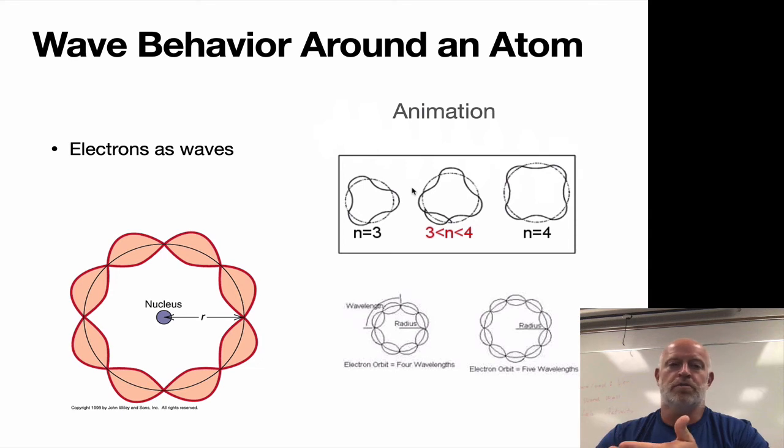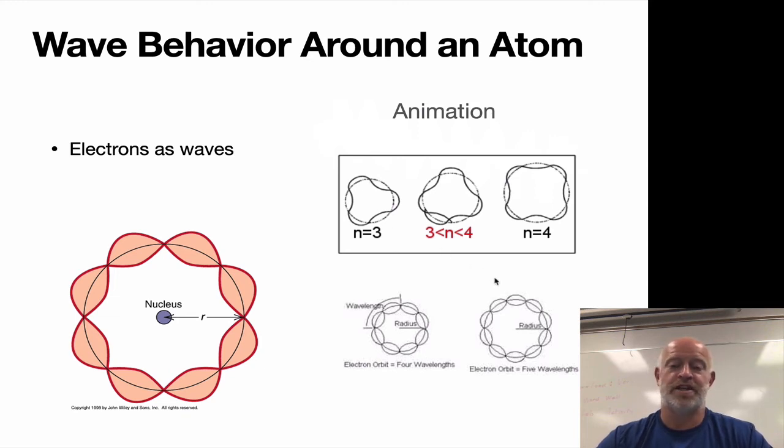A particle wouldn't need that. If we apply this idea of electrons acting as waves, then it aligns, because the wave itself can only exist at very specific amounts, or very specific quanta, of energy. That's where our quantized energy comes from: the wave-like behavior of the electron.